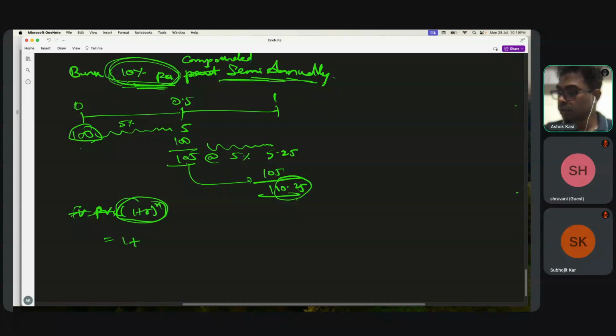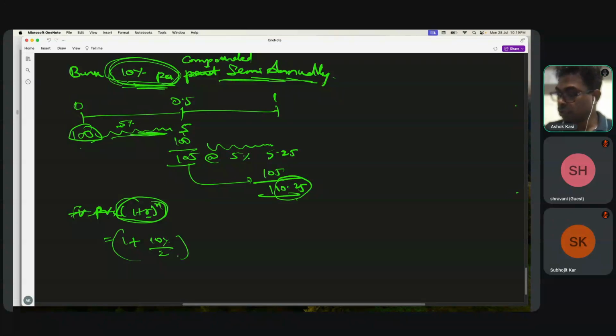Rate is 10 percent, but actually it is 5 percent, right? So I'll divide by 2 because it is being compounded semi-annually.